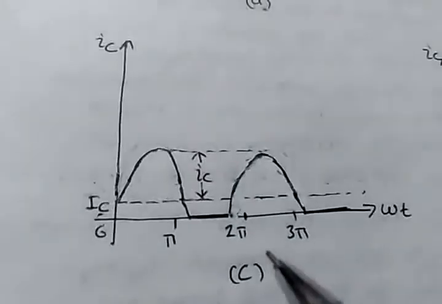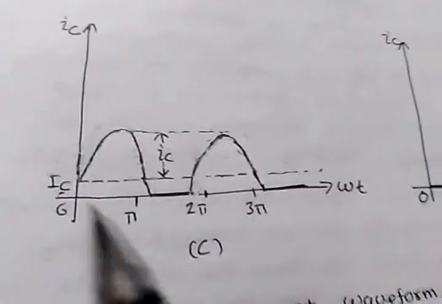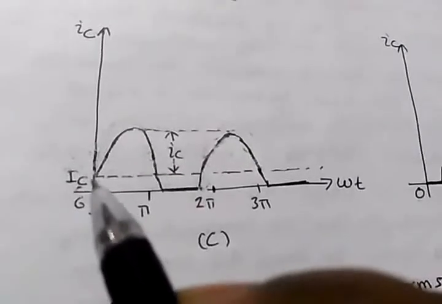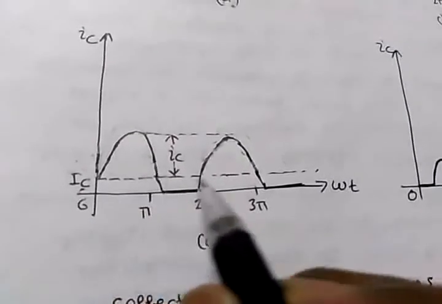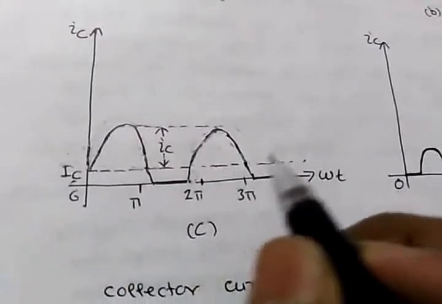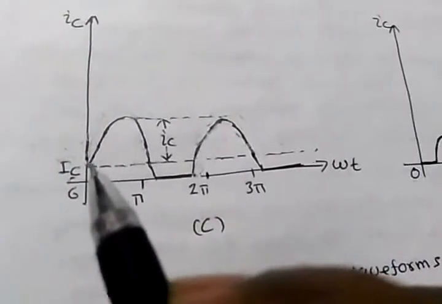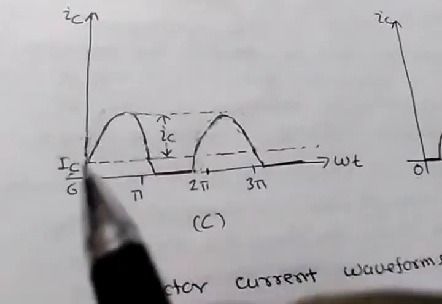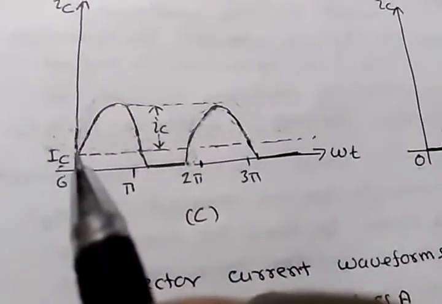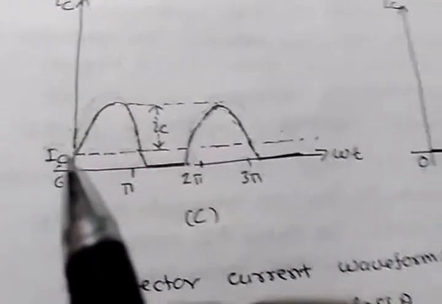This waveform shows the collector current. Here we are seeing capital IC. This level is the zero signal collector current level, meaning the collector current due to the biasing circuit. In the absence of input signal, the collector current flowing is known as zero signal collector current.